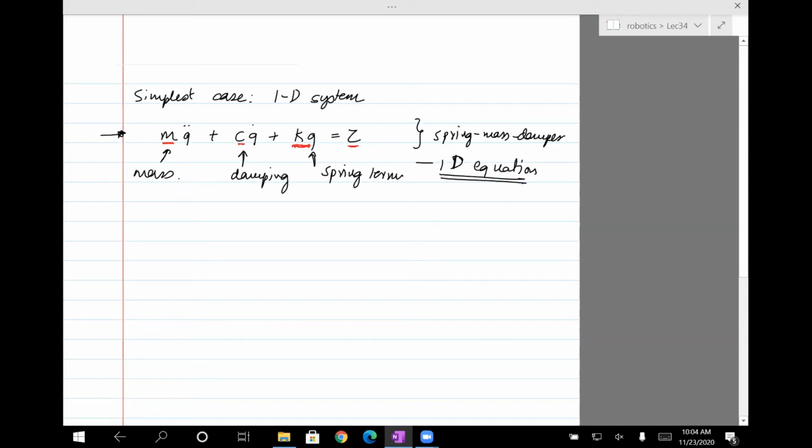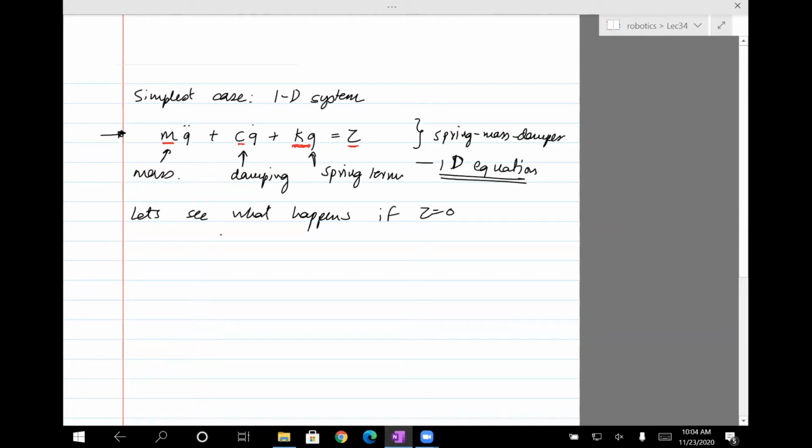Okay, so now first let's see what happens if the torque is zero. That is, there's no external torque acting on the system.